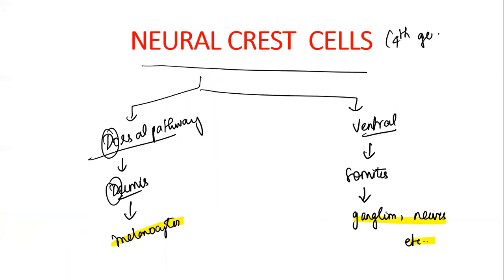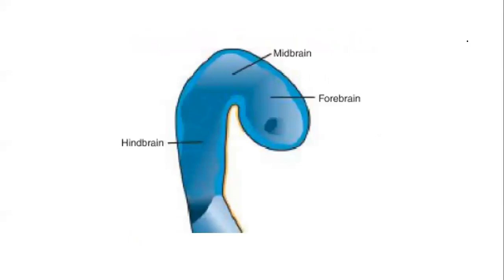So whenever neurulation is asked, please make sure that you mention the neural crest cells. What happens to the neural crest cells? Right, so this is about neurulation along with the neural crest cells. Let us quickly get into the CNS, brain development, brain and the spinal cord. Mainly I'm going to focus on the brain.